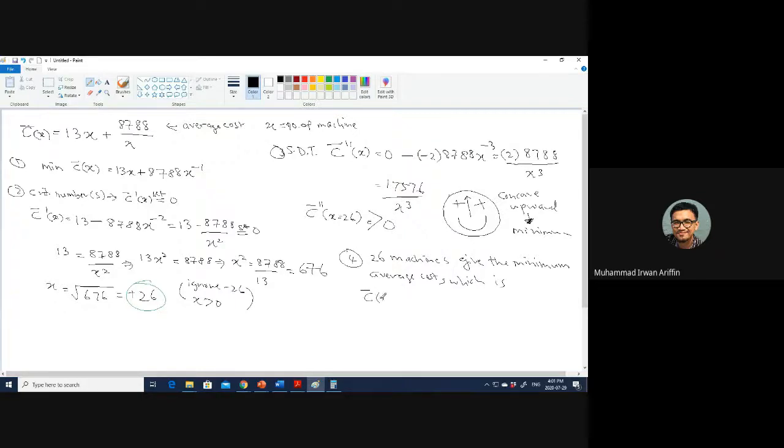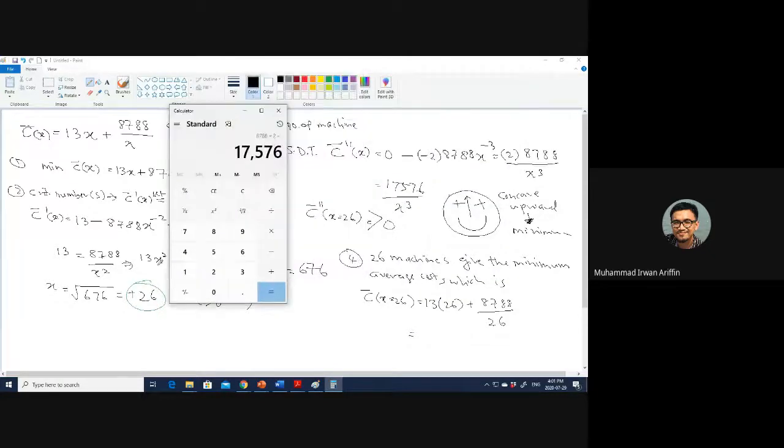So what you need to do is simply replace x equals 26 in the original function. So we have 13 multiplied by 26 plus 8788 divided by 26. 13 multiplied by 26 gives us 338.